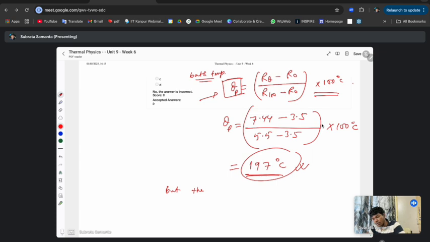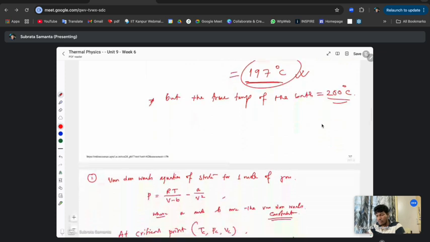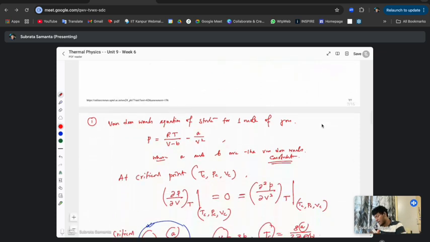This is the calculated value, but the true temperature of the bath that is given is 200 degrees centigrade, right? So I have to calculate the calendar correction factor.